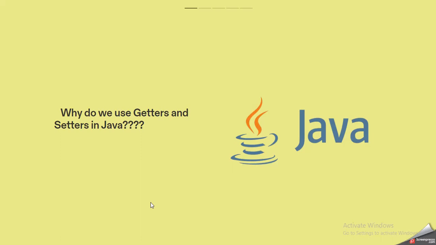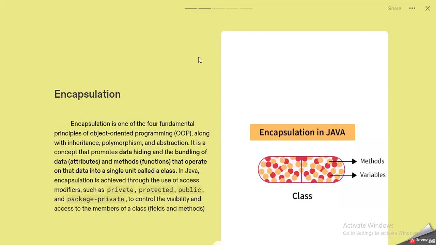So let's start. Before going to getters and setters, let us quickly understand what is encapsulation. Encapsulation is basically wrapping up of methods and variables in a single unit, that is also known as a class. Encapsulation is one of the four fundamental principles of object oriented programming, along with inheritance, polymorphism and abstraction.